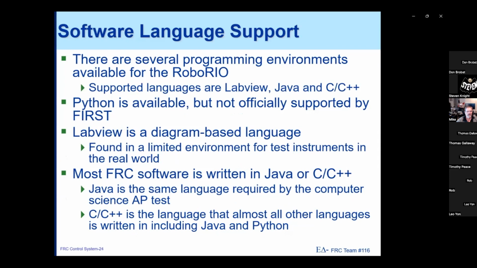All of those are officially supported. Python is available, but it's not officially supported by FIRST. So if you have decided to use Python and you run into any problems, you'll have to go out to the Python community that supports FRC to see if you can get some help there. You won't be able to go to FIRST and look for help on any of the FIRST resources.